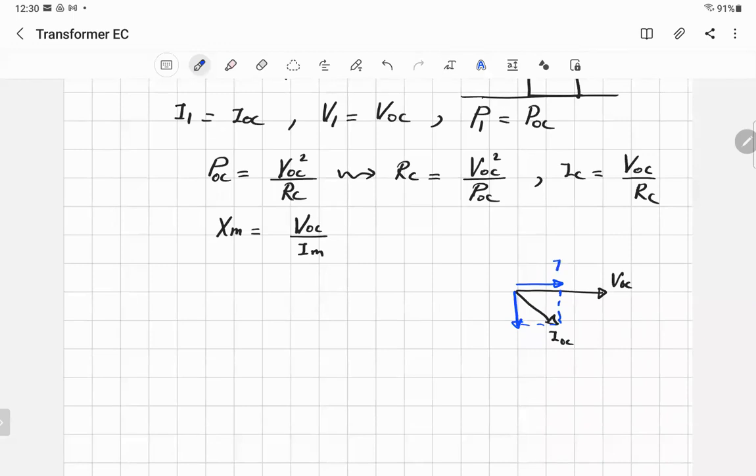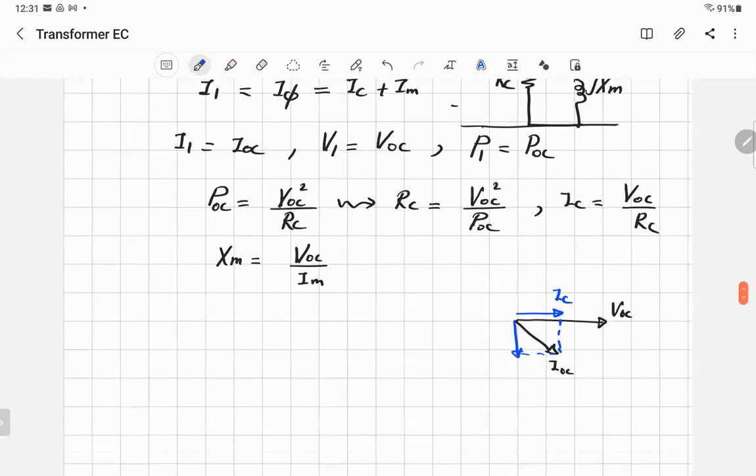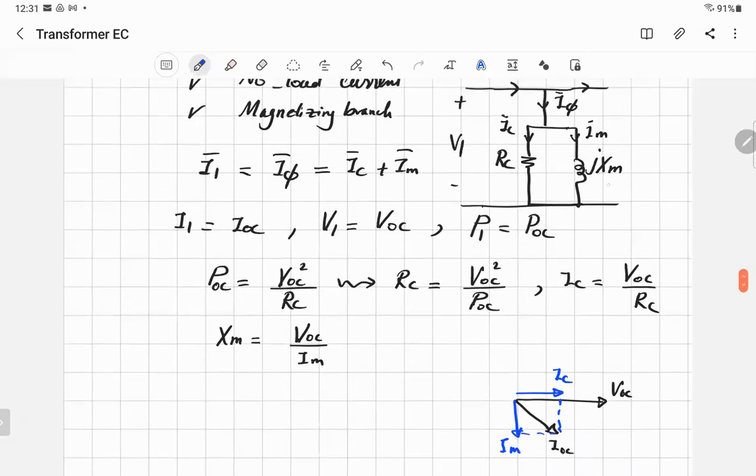That's IC, IC in phase. Why? Because look at the branch. That's IC in RC with this voltage. And you know, in a resistance, the voltage and current are in phase. So that's IC. However, the other one, IM, is perpendicular because it's on the reactance. And the difference will be 90 degrees.